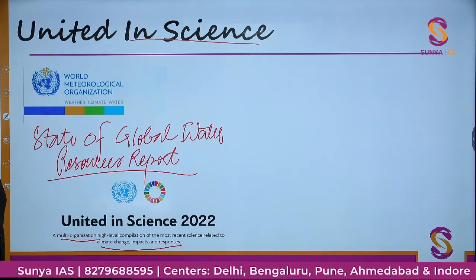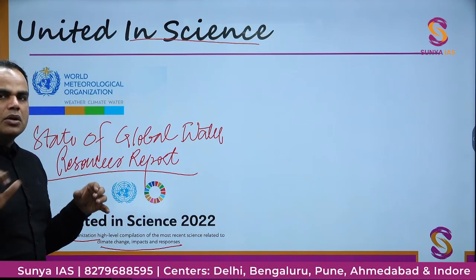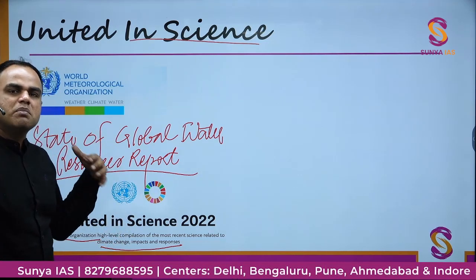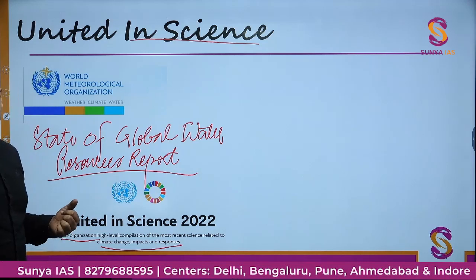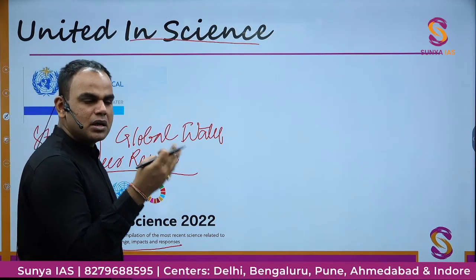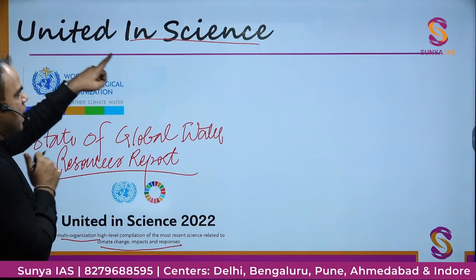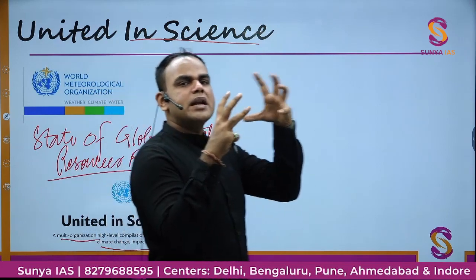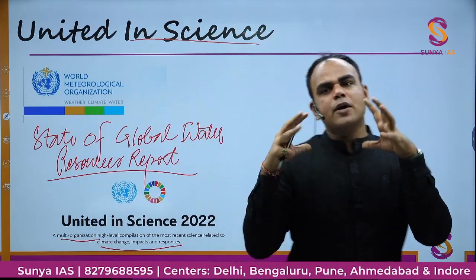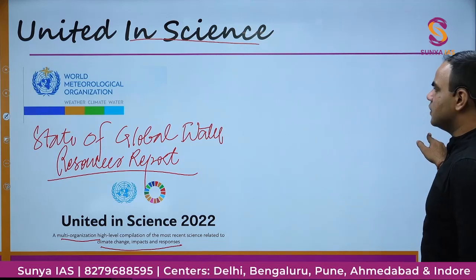In fact, it is a multi-organization high-level report, so it includes collaboration with multiple bodies, which includes UNEP, the Global Carbon Project, IPCC, and so on. So just think, United means a lot of bodies are working, and overall they're talking about climate change. So this is another report.